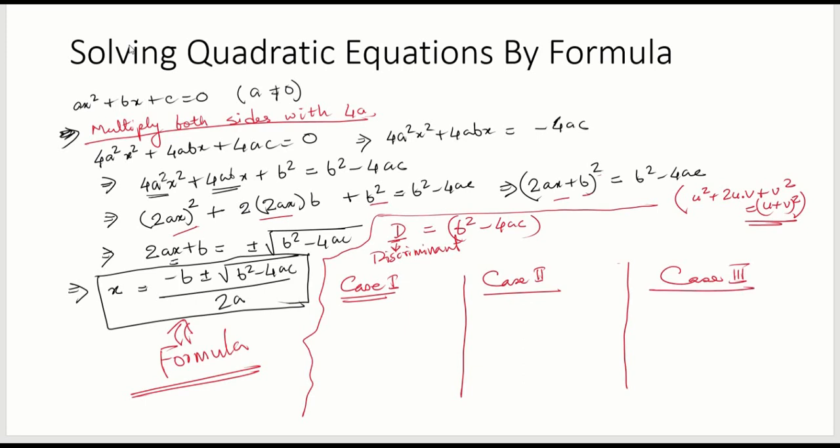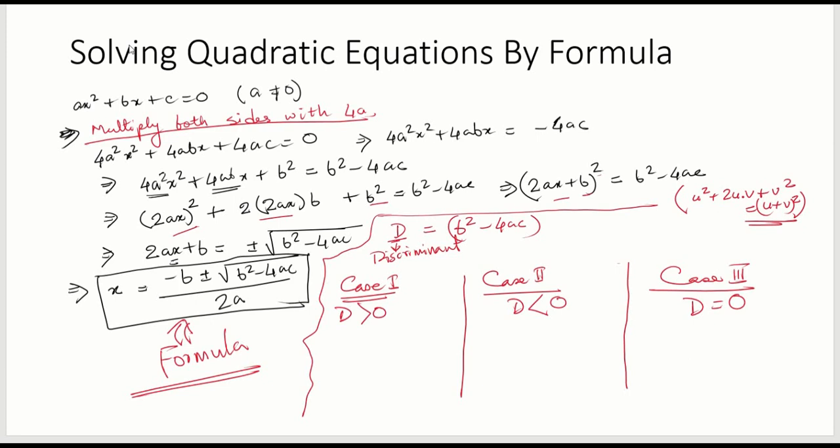So for case 1, this discriminant will be greater than 0. For case 2, this discriminant will be less than 0, and for case 3, this discriminant will be equal to 0.